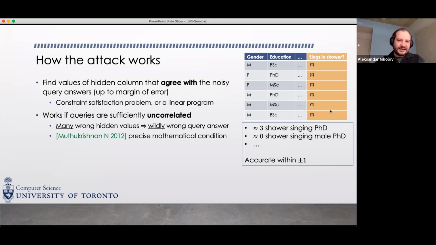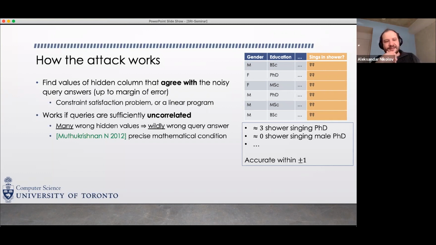Because you can convince yourself that if you chose many wrong values in this column, then this column would not have been consistent with the answers you were given. If you have many wrong hidden values here, this would lead to very different answers to the queries than the ones you were given, and then you can rule out settings of the hidden attribute that have many wrong values because of that.